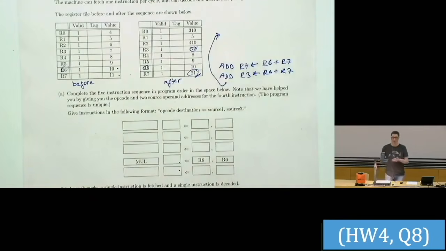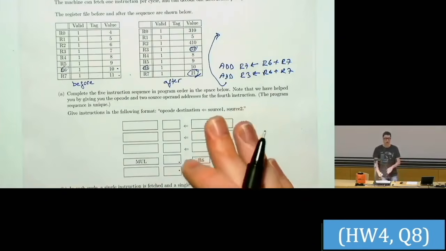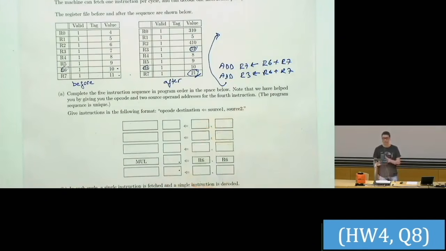Actually, so initially when I was solving this question, I was just writing down those instructions, but I decided to figure out their order later based on some other information. Okay, so here what I'm doing is only writing down instructions that I can figure out by looking at this table. But it happens that all those instructions have dependency between them, so it's very easy to figure out the order.